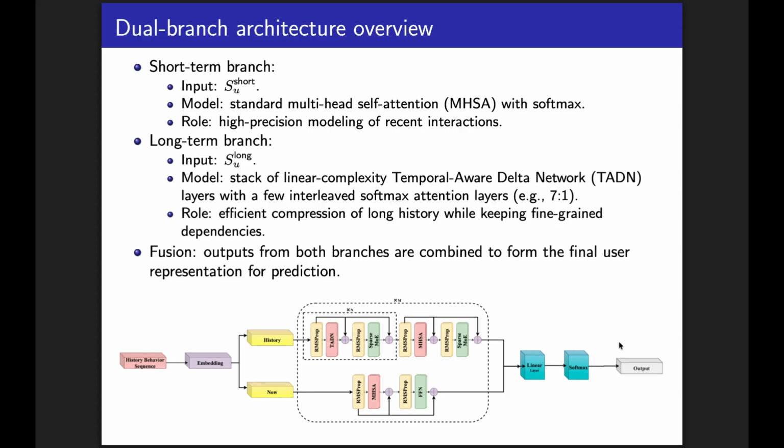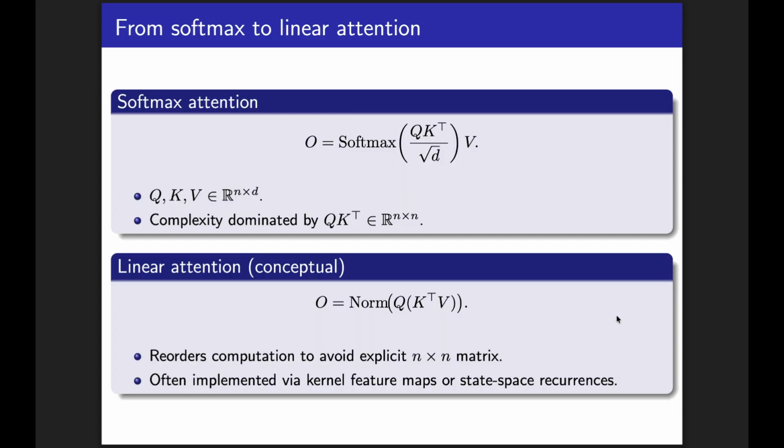Okay, so at this point, let's go into more low-level details about the implementation of, in particular, the linear attention. As we said before, the vanilla softmax attention has the problem of having quadratic computational complexity in the sequence length n.